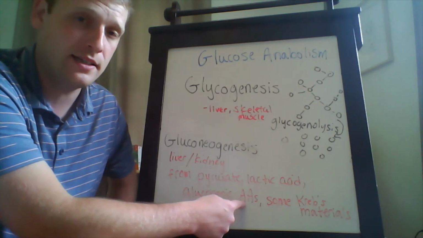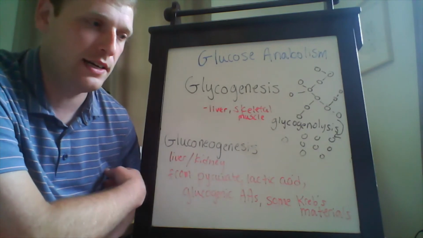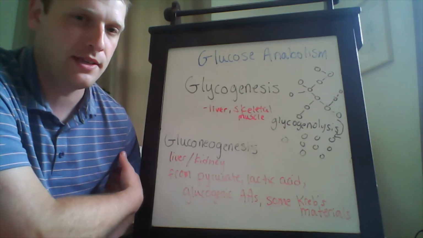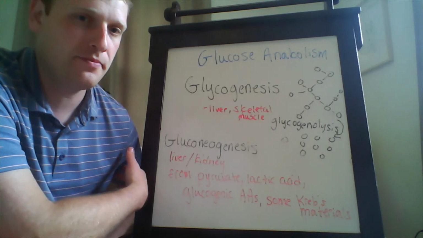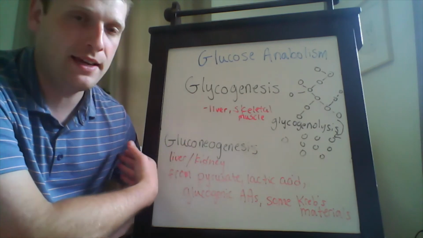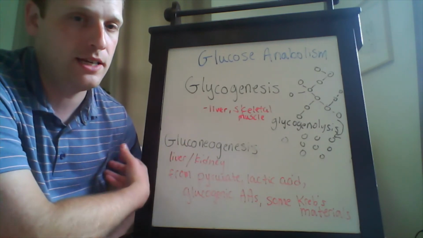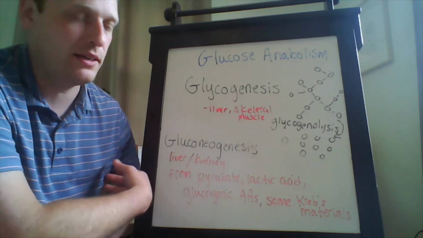Some amino acids can be converted to glucose. And some of the materials that you'll find as intermediates in the Krebs cycle can also be used to generate new glucose. So we can break down glycogen, or we can make new glucose. Those are the ways that we can raise our blood sugar through glucose anabolic methods.